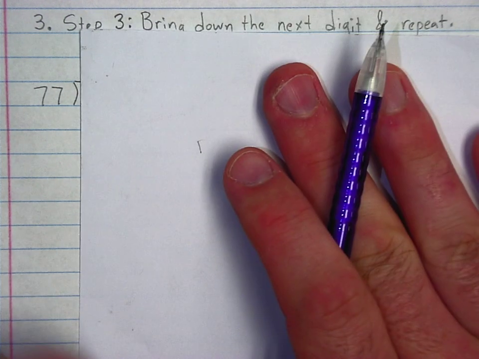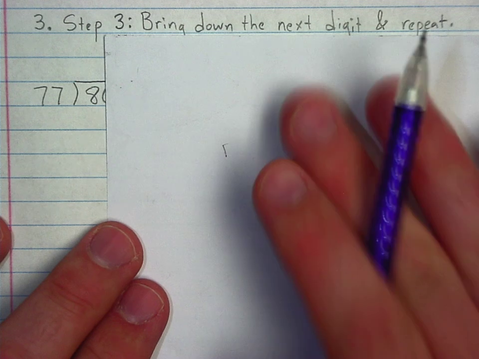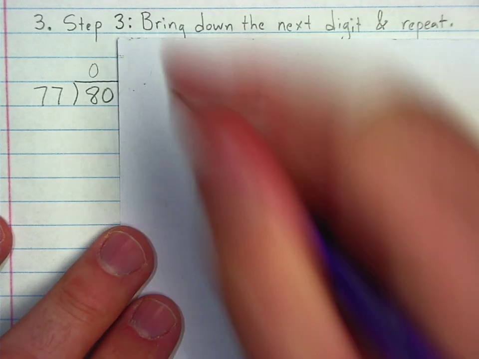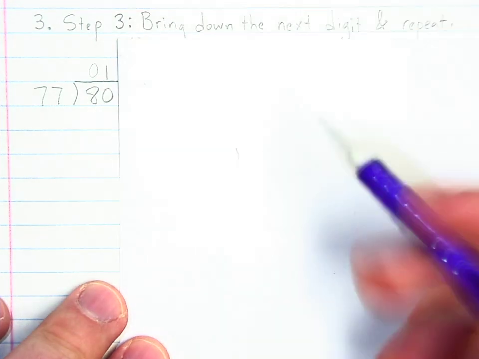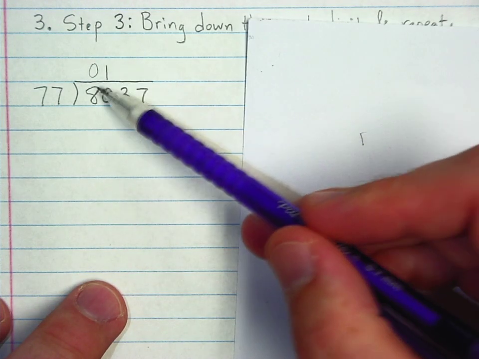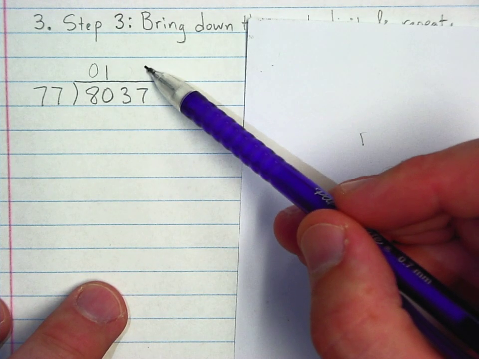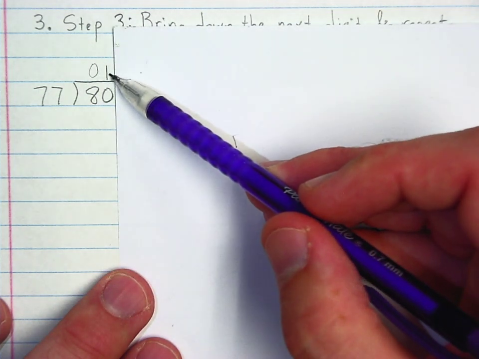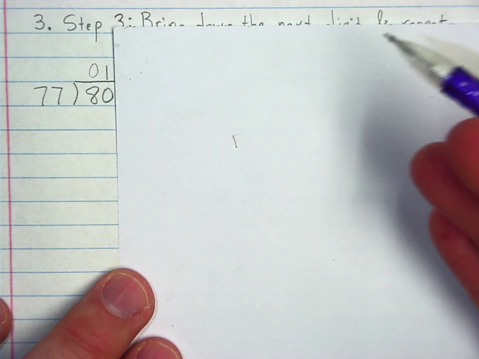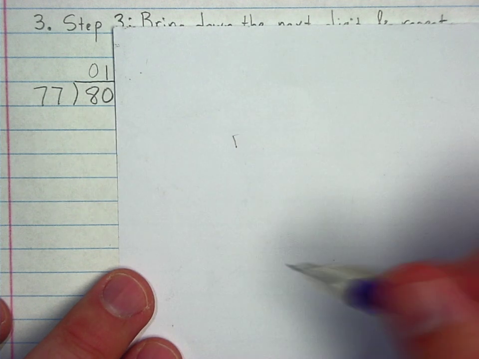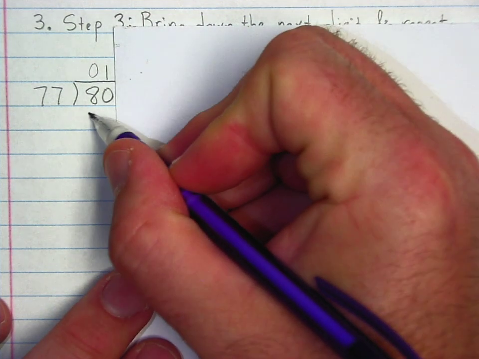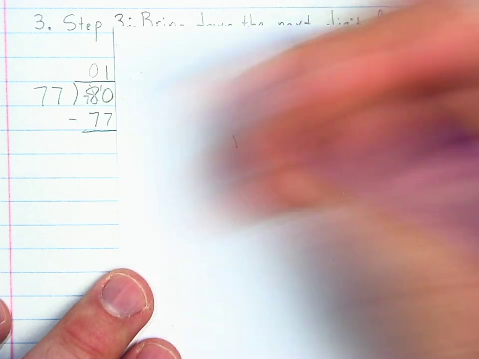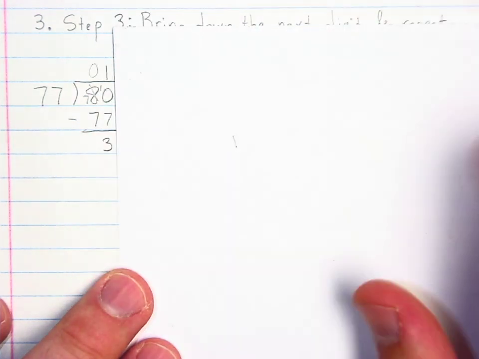Okay. Will 77 go into 8? It will not. Will 77 go into 80? One time. And again, 100 was our original estimate. So putting the 1 there should come pretty naturally off of the estimate, and it matches up with what we're doing here. 1 times 77 is 77. When I subtract that from 80, I end up with 3.